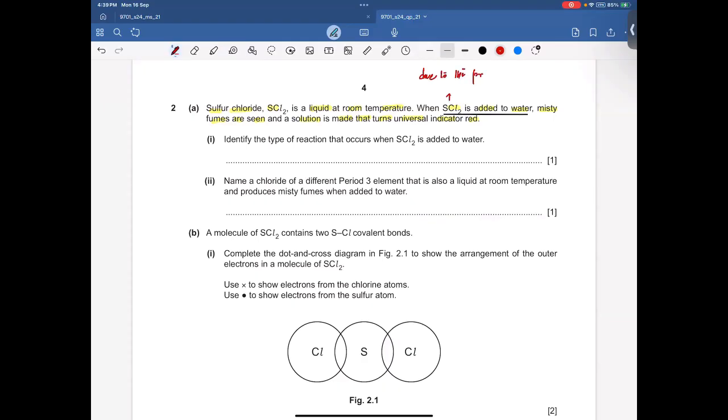So due to the presence of vacant d orbitals, they can easily react with water.